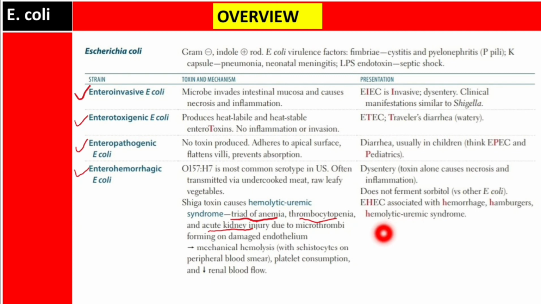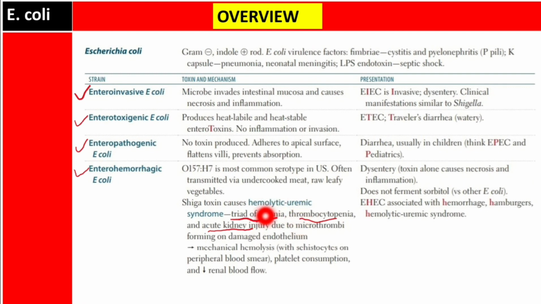This causes mechanical hemolysis with schistocytes on the peripheral blood smear, platelet consumption, and decreased renal blood flow. So this is the pathogenesis.